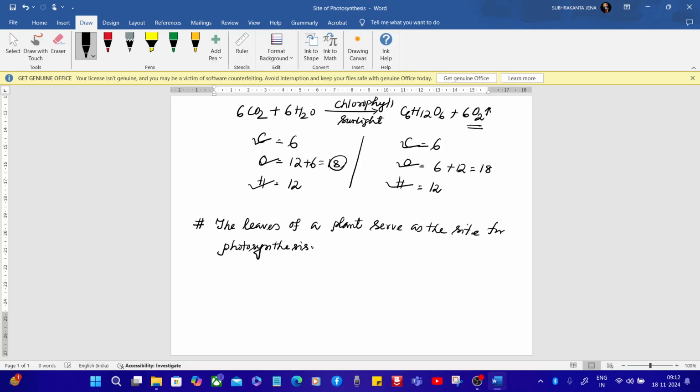But if it is happening in the leaves, then what is the exact location where the photosynthesis is occurring inside the leaf?